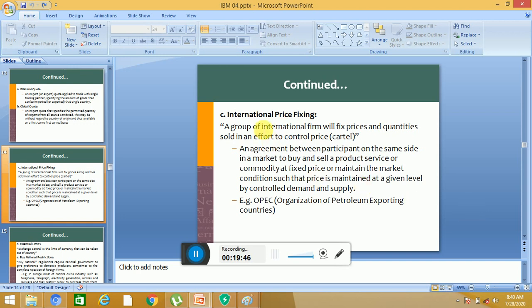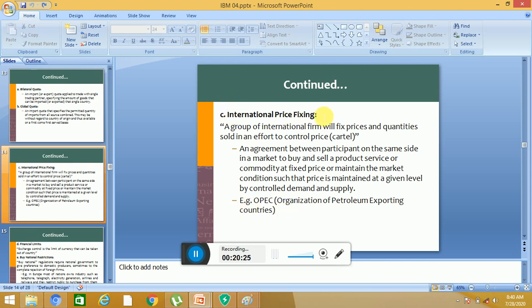Then there is another type that is called international price fixing. A group of international firms will fix prices and quantity sold in an effort to control the market. Now, keep in mind OPEC, the Organization of Petroleum Exporting Countries. They set prices of petrol all over the world. Whatever the country, whether exporting or importing, the price is the same throughout the world.